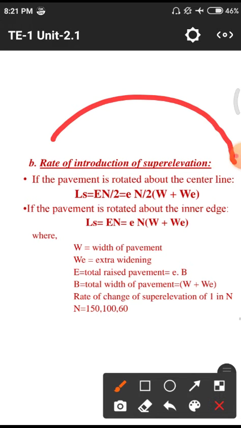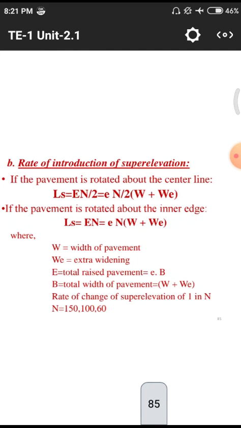We need to use the below formula, En equal to small e into n into W plus We. Those two things we need to remember: with respect to the center line we have one formula with en by 2, and otherwise we have a rise with respect to the inner edge.